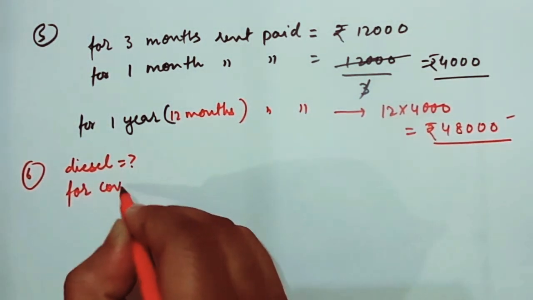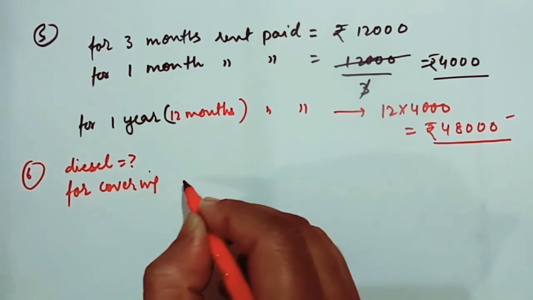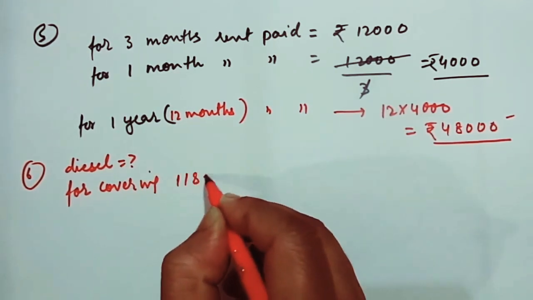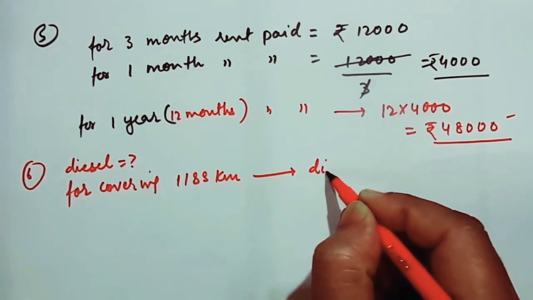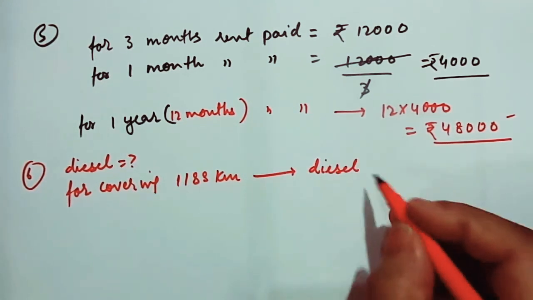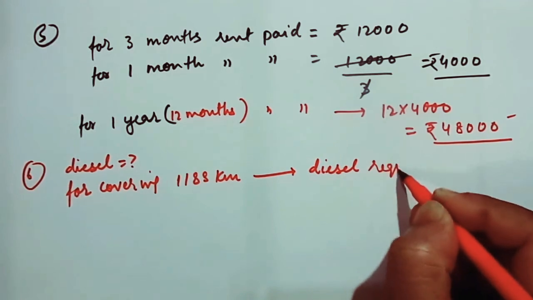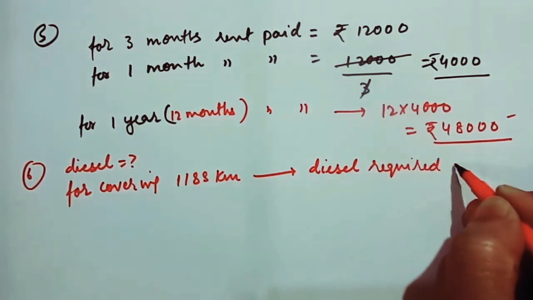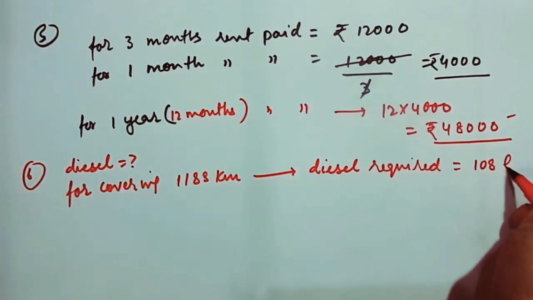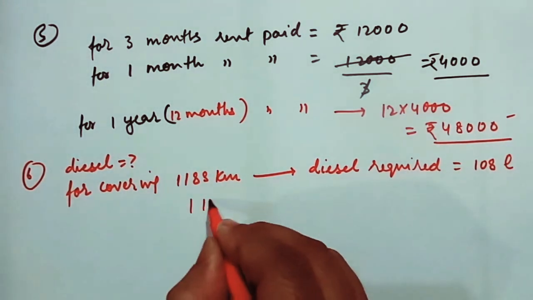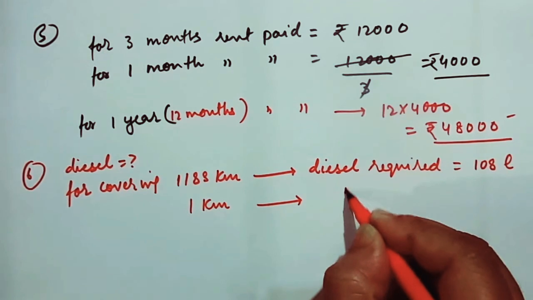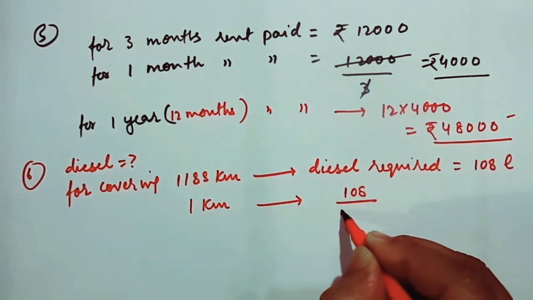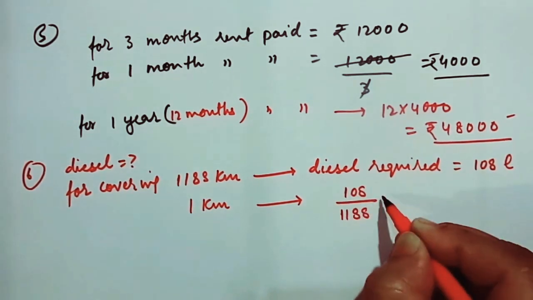For covering 1188 kilometers, the diesel required is 108 liters. So for 1 kilometer, diesel required will be 108 by 1188 liters.